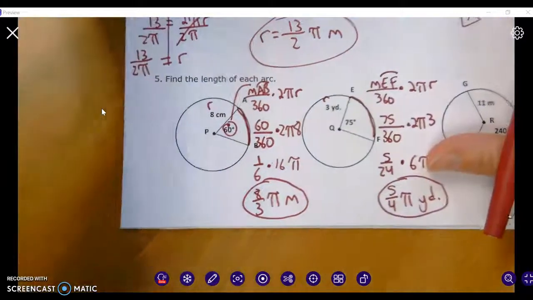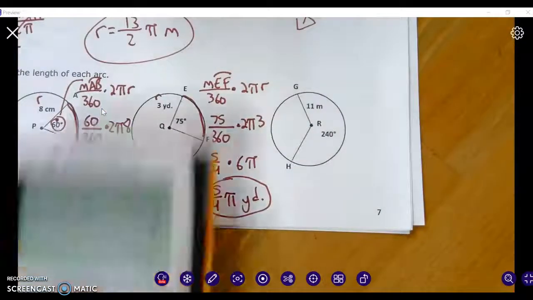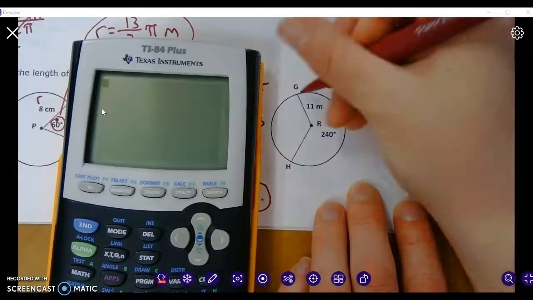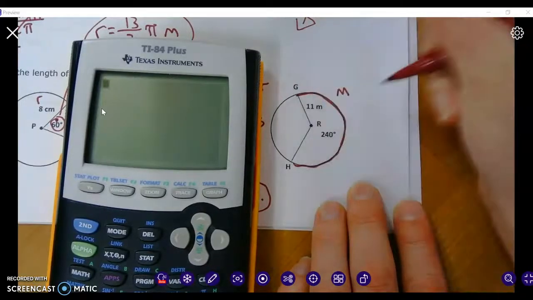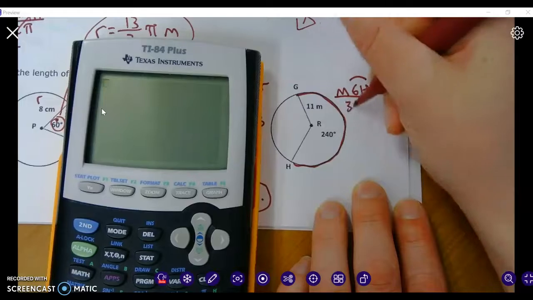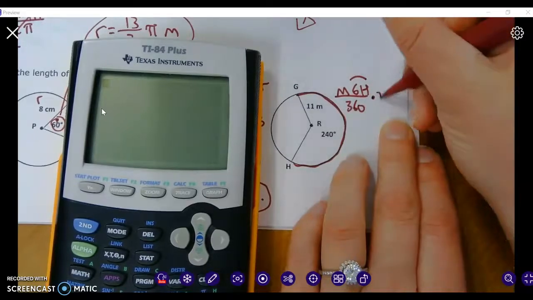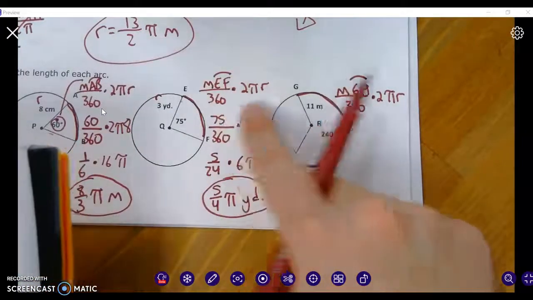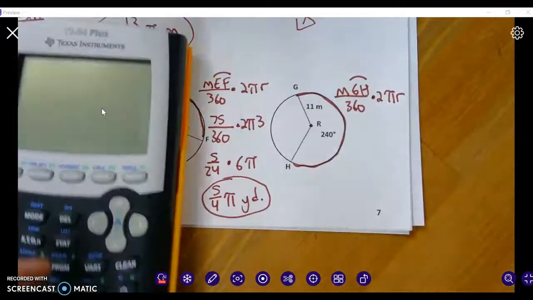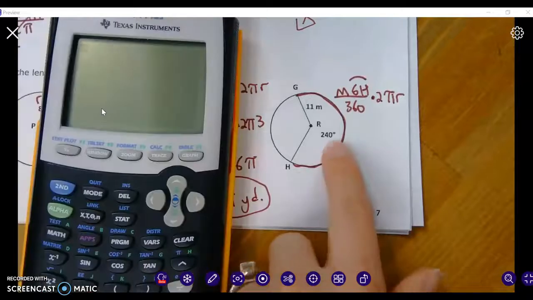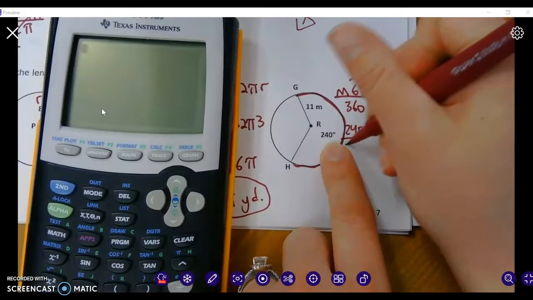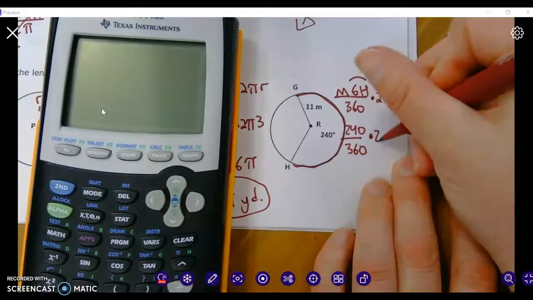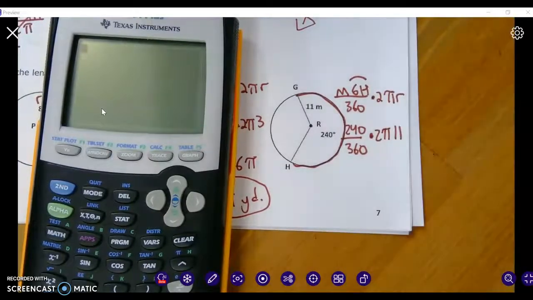Okay, and then we've got one more example. So our formula, the measure of arc GH divided by 360 times 2 pi r. All I've done is copy down the formula, doing the same steps as over here. So our arc is 240, so 240 over 360, and then 2 pi times 11.